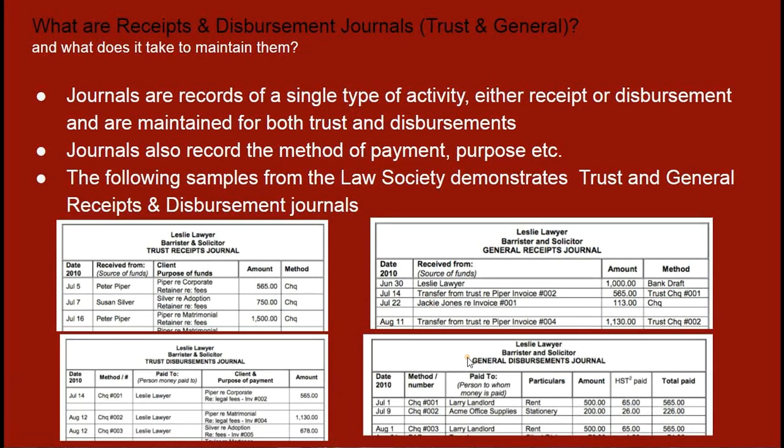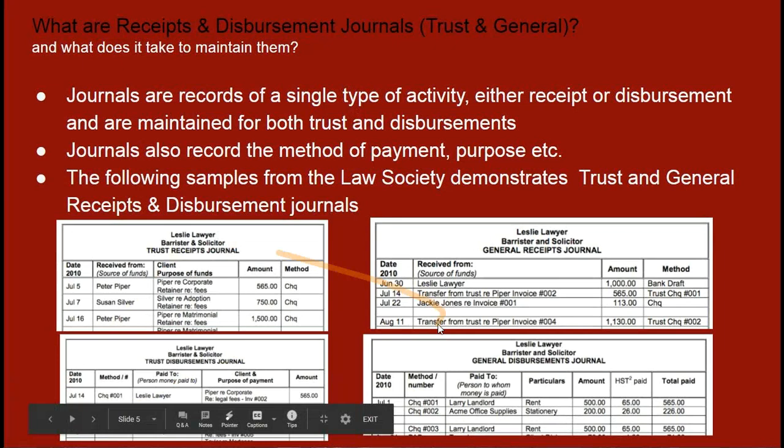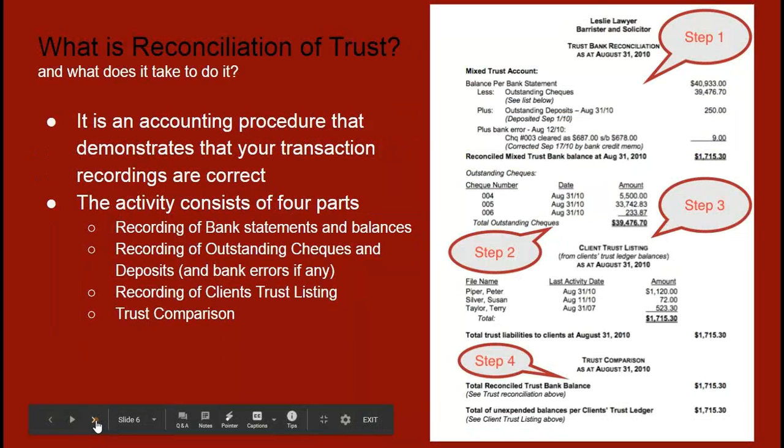So far, we've covered a maximum potential of 6 documents, 2 ledger documents, and a maximum of 4 journal documents. Then comes a rather interesting, possibly a bit time-consuming, but most important bookkeeping document, which is something that the law societies do advocate and encourage legal firms to do on a very regular basis instead of having to catch up at the last minute.